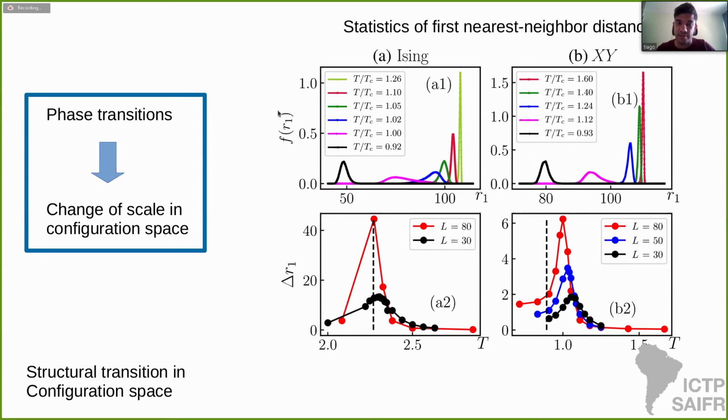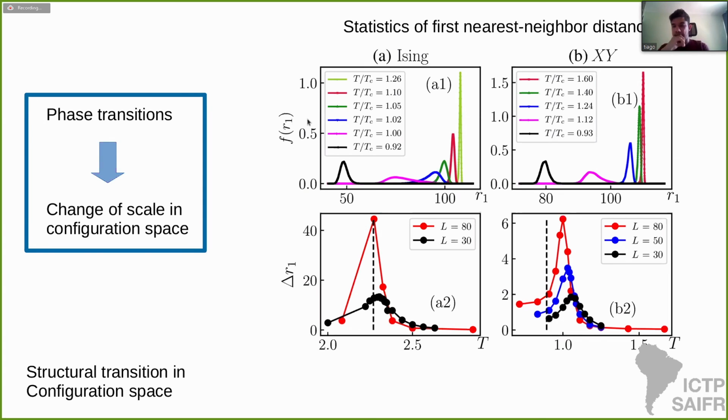Here's the distribution of first neighbor distance, the whole distribution I compute empirically. And here is the second moment, the variance of this distribution. So the variance already exhibits some scaling behavior. Also the first moment, the average, also exhibits scaling behavior. I didn't show the results here.